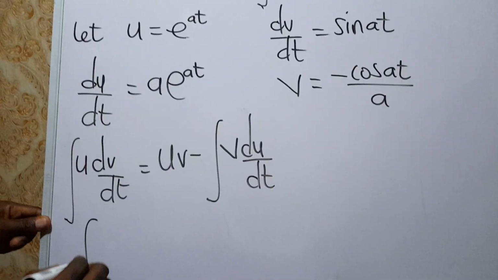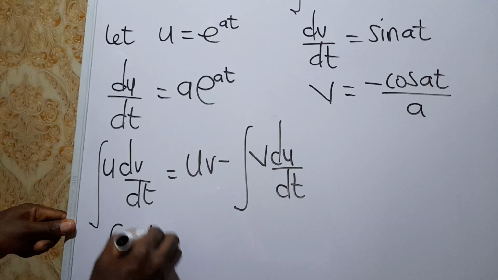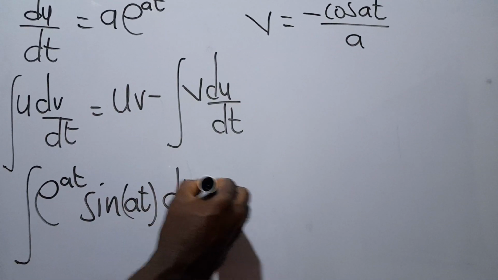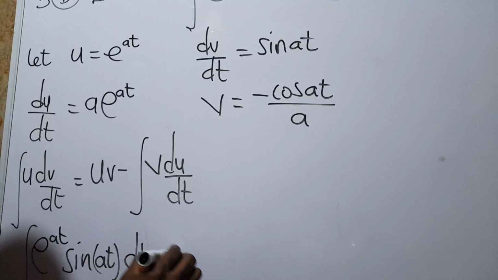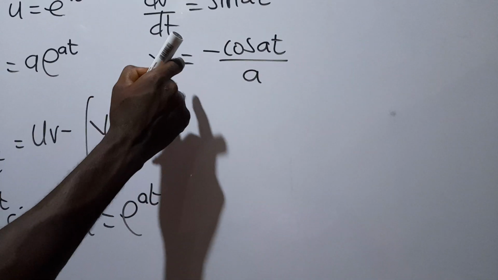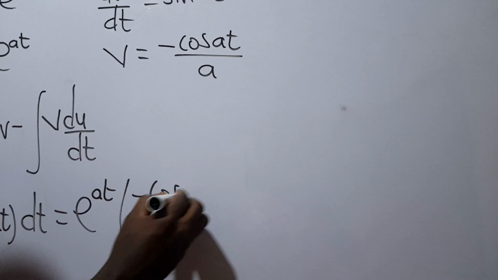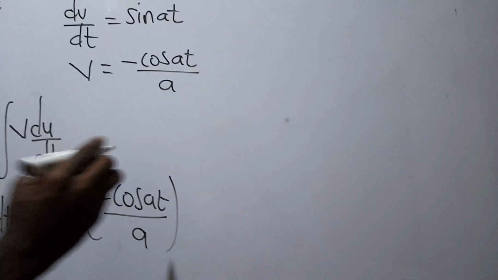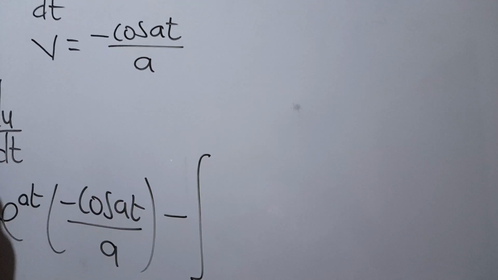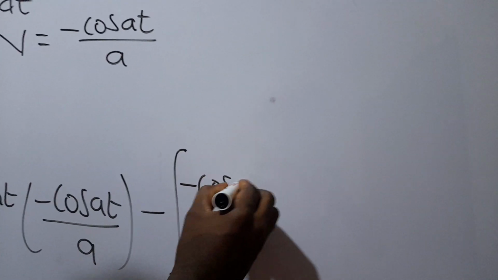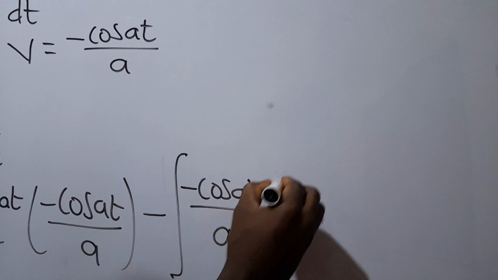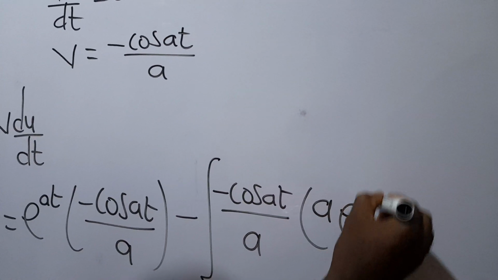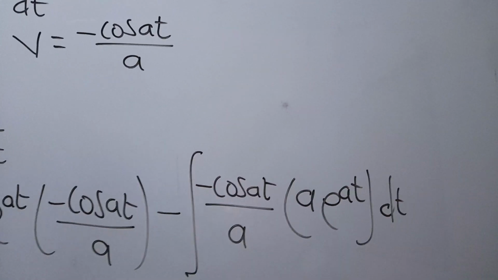So we can say that the integral of e^(at) sin(at) dt will be equal to u, which is e^(at), then v, which is negative cos(at) over a, then minus the integral of v, which is negative cos(at) over a, times du/dt, which is a e^(at) dt. We can polish this further.